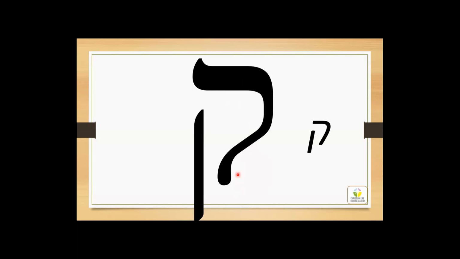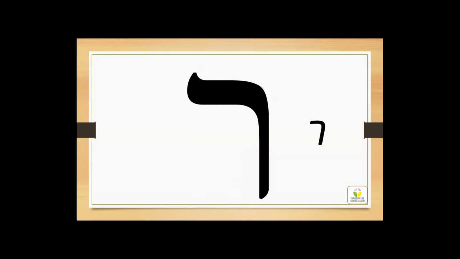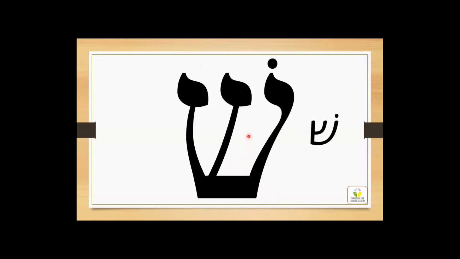Kof. Resh is round. It hasn't got a tittle, it's just round, okay? Shin.